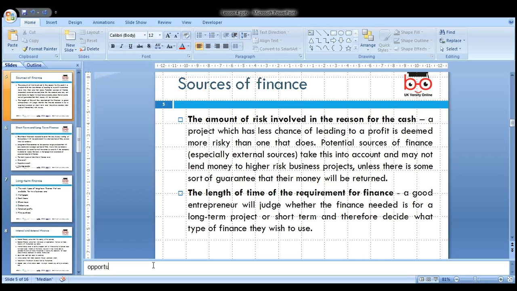So opportunity cost means if you have too much money staying in your account and you're not investing, it's costing you as well, because you can multiply it, you can double it. If you're investing in one project and that money is stuck for a longer period of time, you can't multiply it.